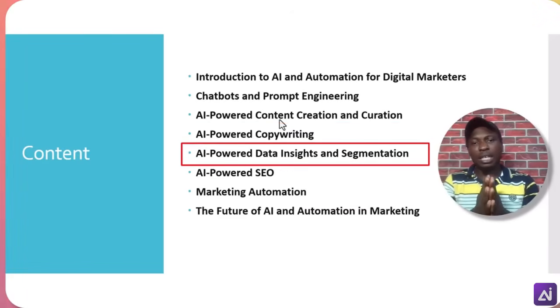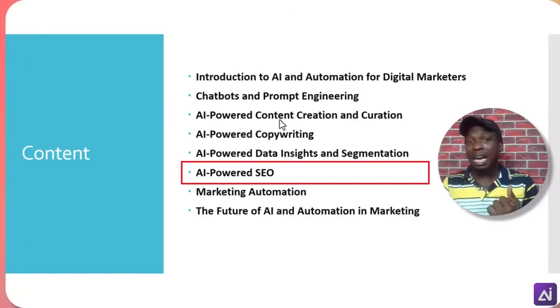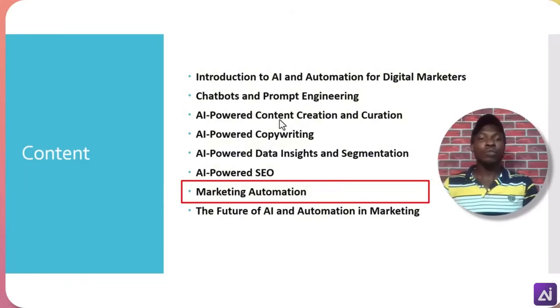We'll also look at AI powered data insights and segmentation. So how do you do analytics with artificial intelligence? How do you do segmentation? And then we'll look at AI powered SEO. SEO is search engine optimization, as you already know. But what is the role of artificial intelligence in today's search engine optimization is one of the questions we'll answer in this course. We'll look at marketing automation.